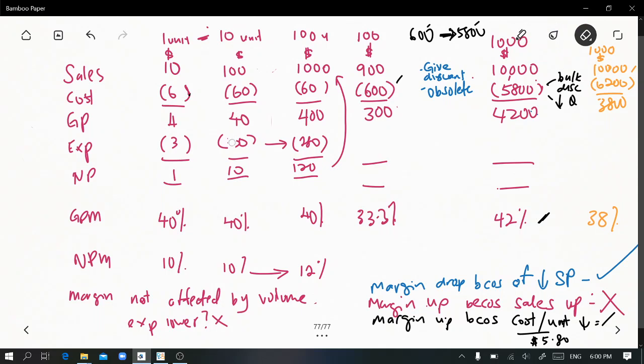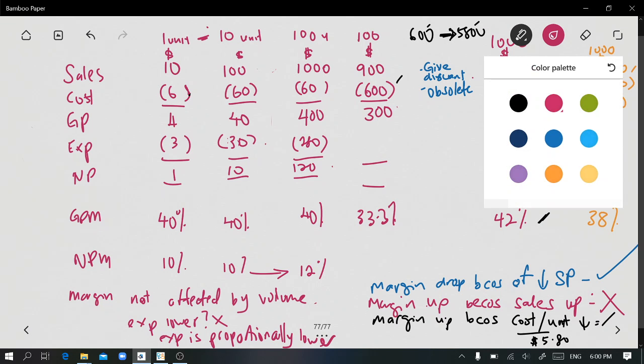From 30, now it is 280. Expenses increase. So why is my margin, my profit margin, higher? It's because expenses are proportionally lower. Let's check what I mean by proportionally lower. It is higher but proportionally lower.